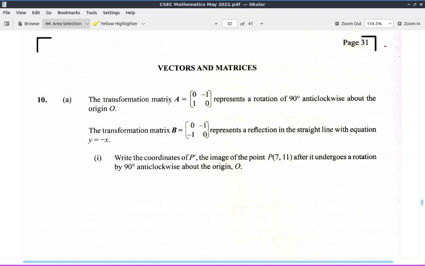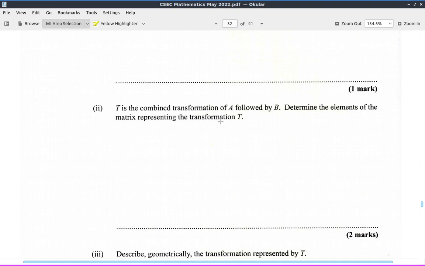Alright. The transformation matrix A maps a rotation of 90 degrees anti-clockwise about the origin O, and another transformation matrix B represents a reflection in the line with equation y equals negative x, right? The coordinates of P prime, where P was originally at (7, 10), after it undergoes a rotation of 90 degrees anti-clockwise about the origin, and so on.